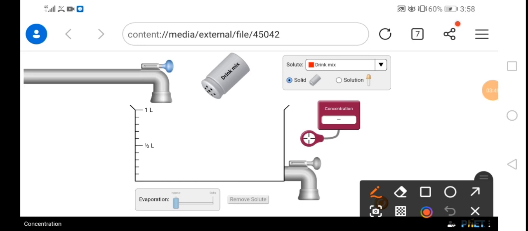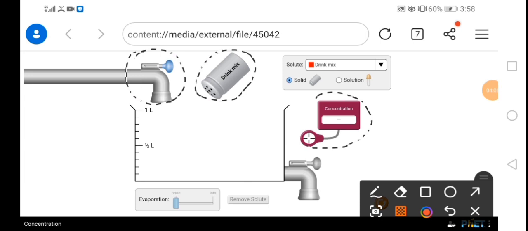We can do something. I have the source of distilled water here. I also have the source of the solute, and the concentration will be measured by this unit. And this is the tap for me to remove the solution in a measuring cylinder.